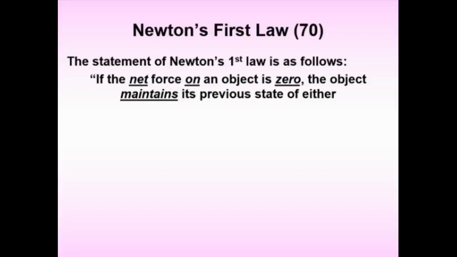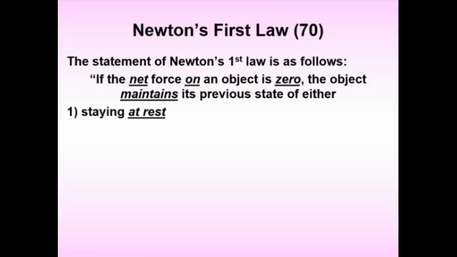exactly zero, the object maintains a state of either, no other choice. If the net force on the object is zero, the object is in one of two states. It's either at rest, which means it stays stationary or not moving. That's the first possibility.